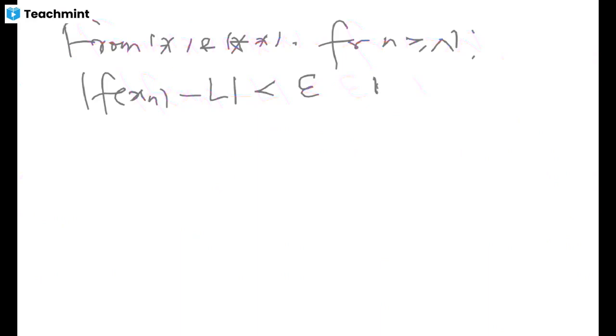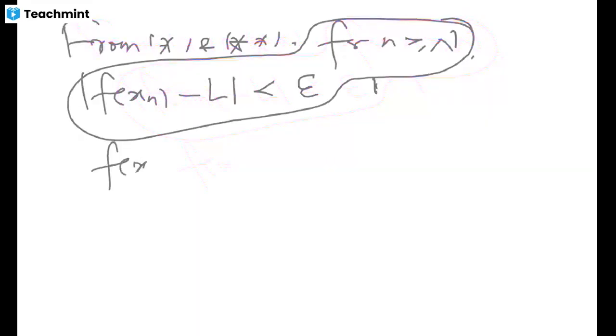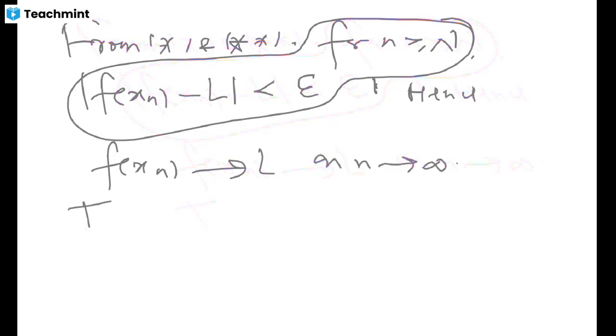And what is this thing? By the definition of convergence of a sequence, this is the convergence of the sequence f of xn converging to L as n tends to infinity. So this proves the direct part of the sequential characterization of limit of functions.